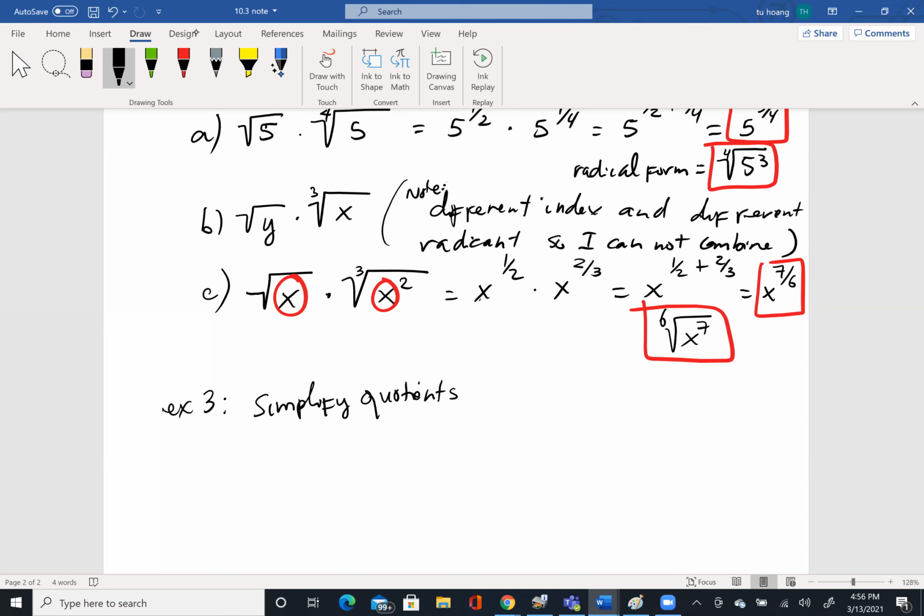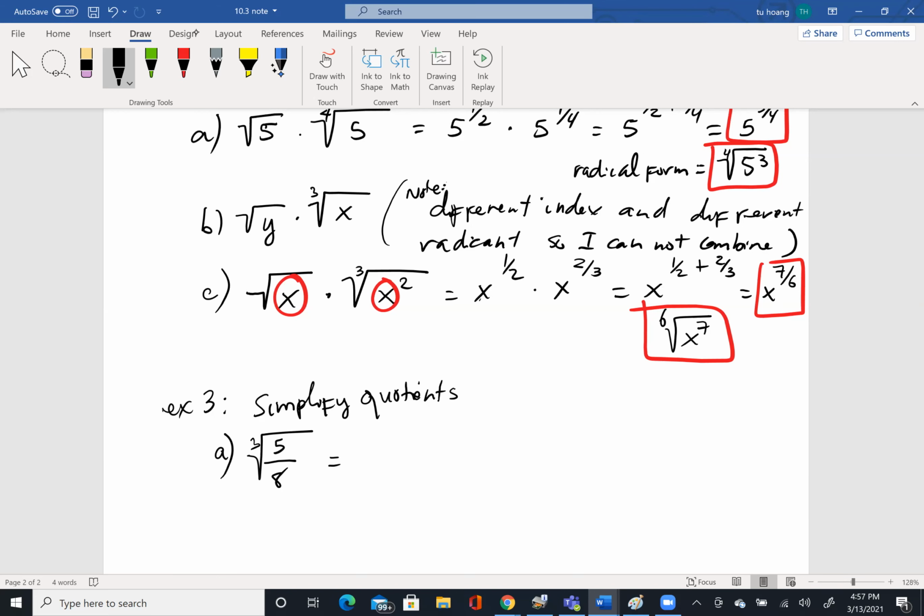We have the cube root of 5 over 8. Can you do anything for this one? You can't simplify the 5 over 8.